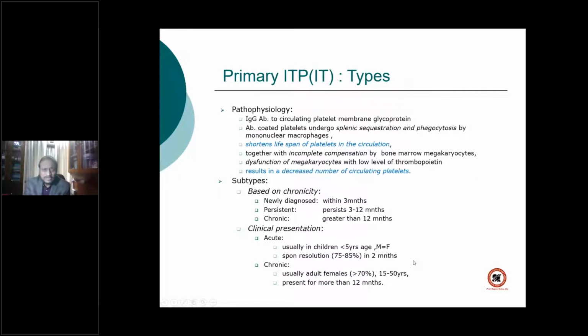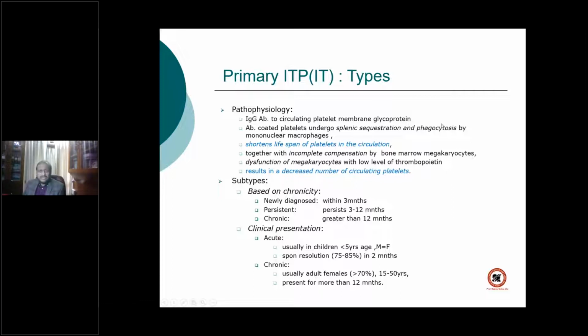What is the pathophysiology? In simple terms, pathophysiology is nothing but an antigen antibody reaction or combination on the surface of the platelet. You've got circulating IgG antibodies which are basically acting against the platelet membrane glycoprotein, which is the antigen on the surface. They coat these antigens, leading to what?